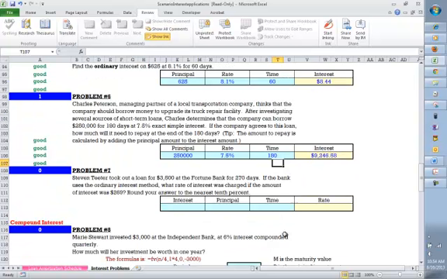Okay, next one. The total amount they will have to pay back is $250,000 plus the $9,246.